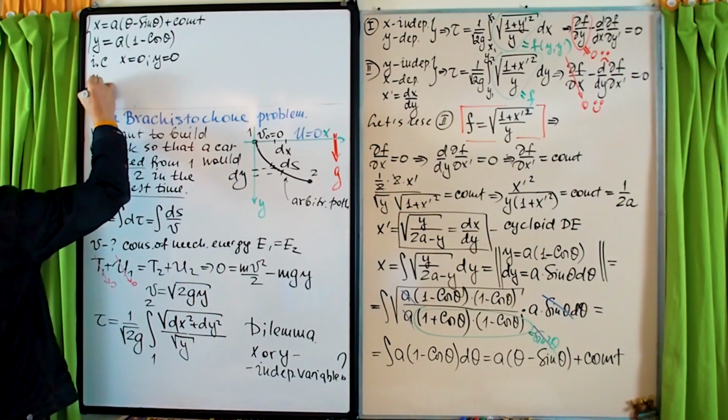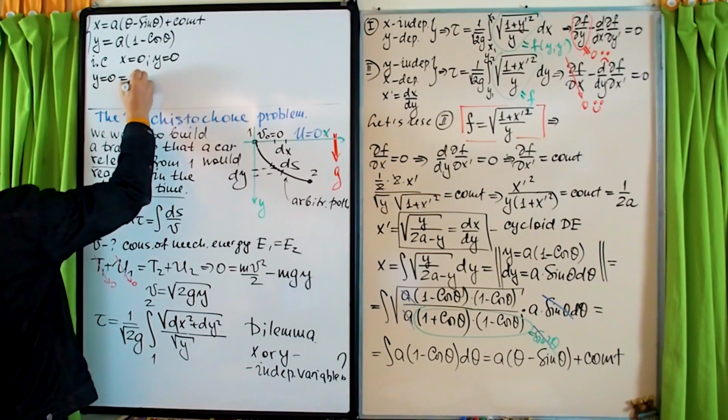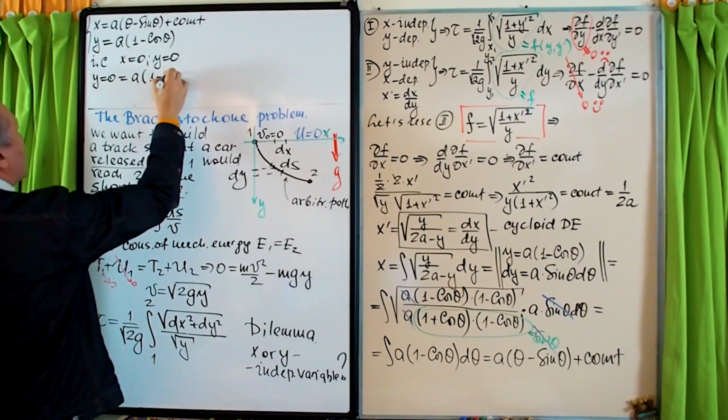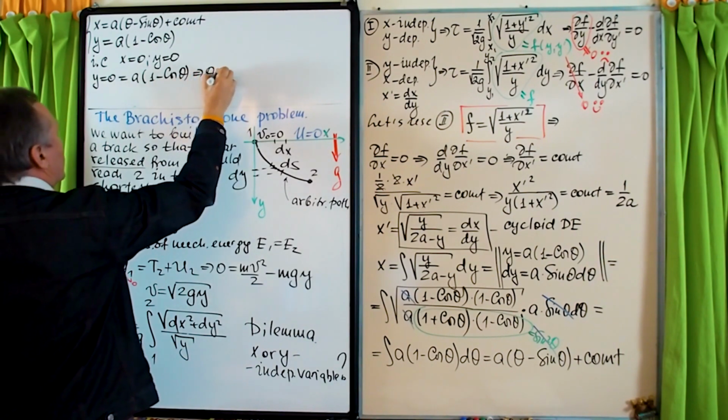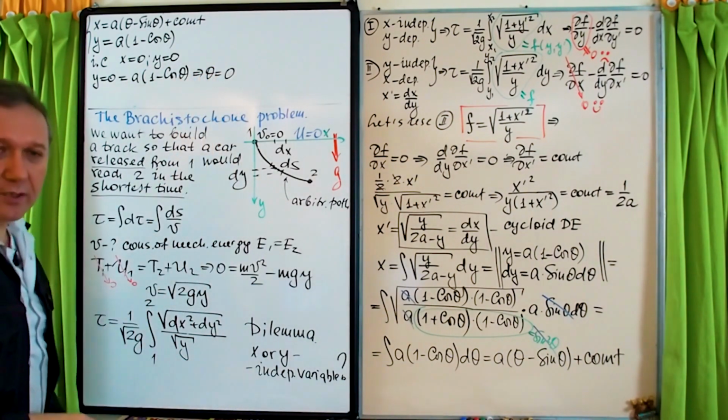So y equals 0 equals a, 1 minus cosine theta. From here, obviously, theta must be equal to 0.